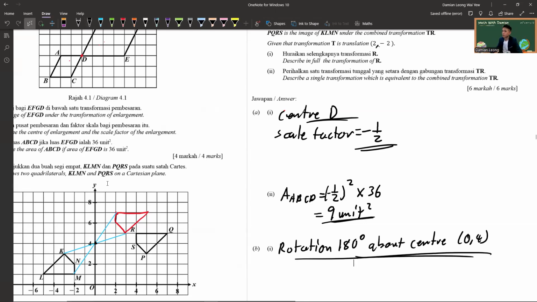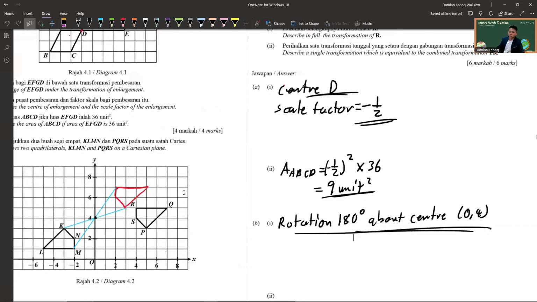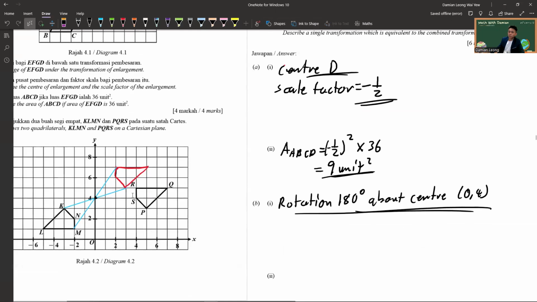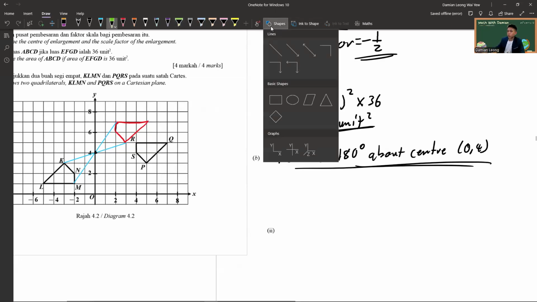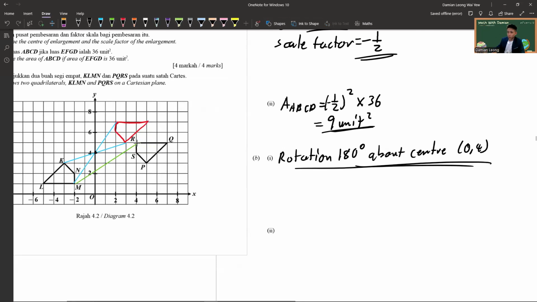Then B2. Describe a single transformation equivalent to transformation TR. So from this to this, it's also upside down. So we can also use a 180 degrees rotation.